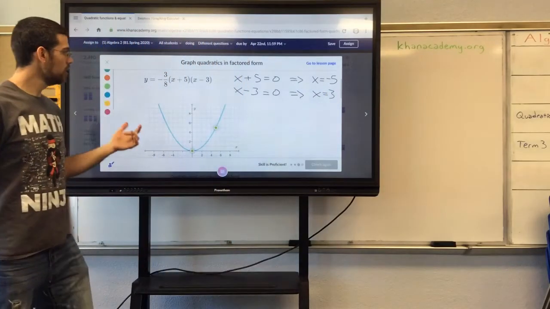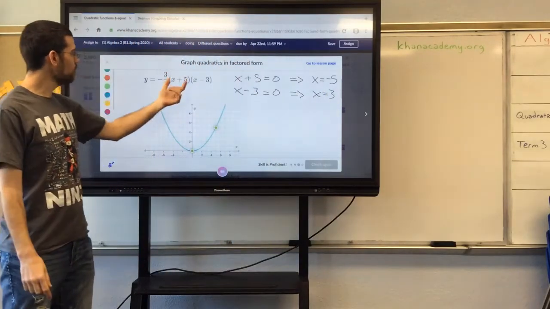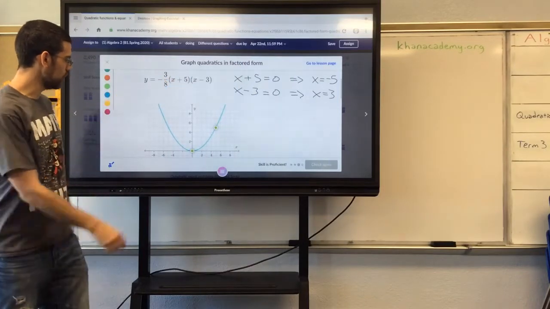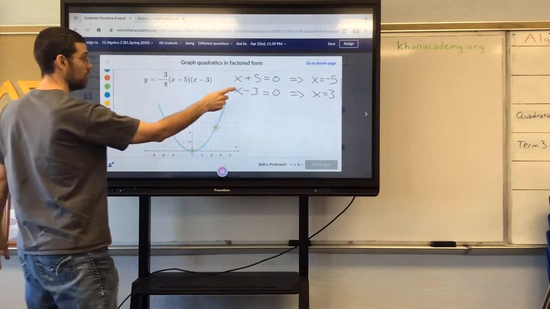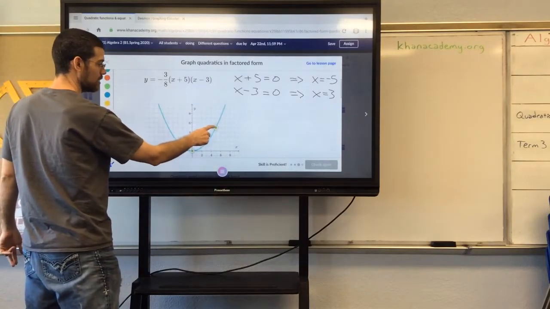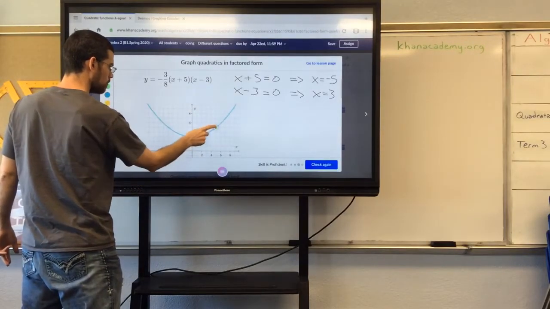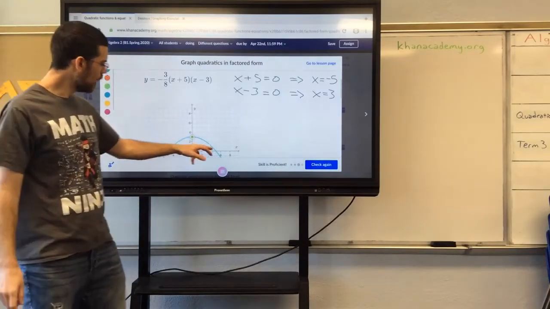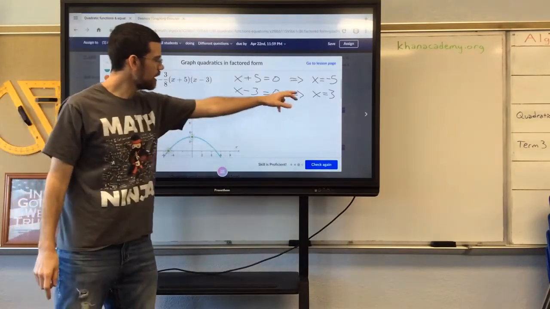So I know that if x equals negative 5, this factor is 0, which makes y equal 0. So I'm going to put this point at x equals negative 5, right there. And then I need the other point to be at x equals 3.